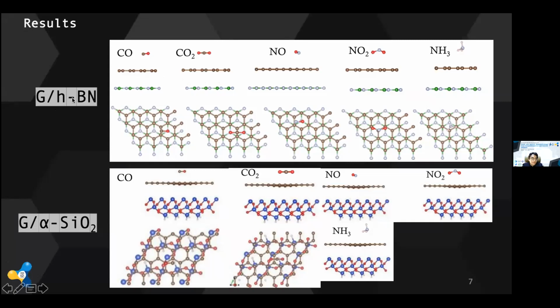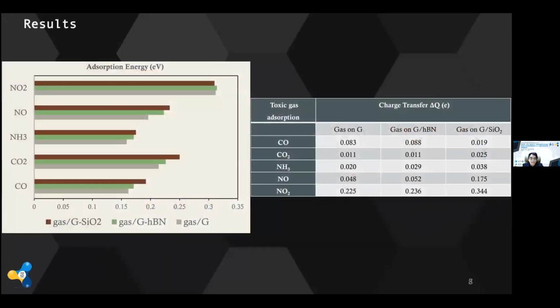Here, the upper one is graphene on hexagonal boron nitride, and the lower one is graphene on silicon dioxide. The toxic gas molecules are weakly bound to the substrate, having absorption energies which are typical for physisorption.